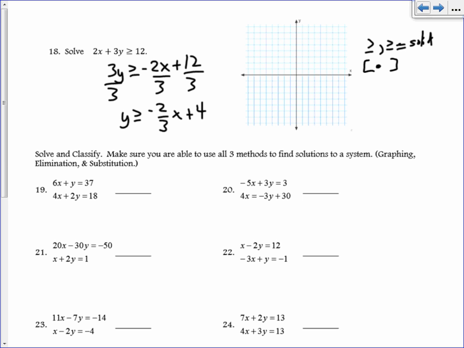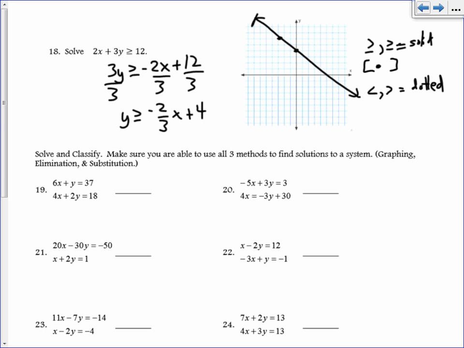If greater than or equal to is solid, remember less than or greater than is dotted. And then you have to shade above or below the line. Negative 2/3 x plus 4, remember, slope goes this direction when it's negative. So that's y is greater than. Where are the numbers greater than negative 2/3 x plus 4? Above it or below it?